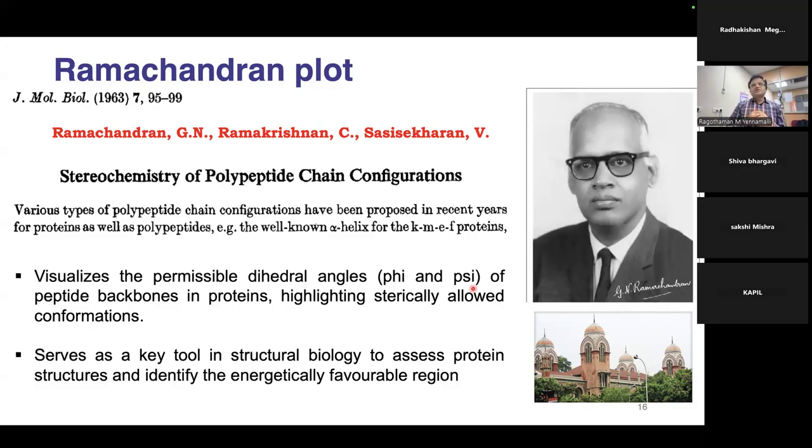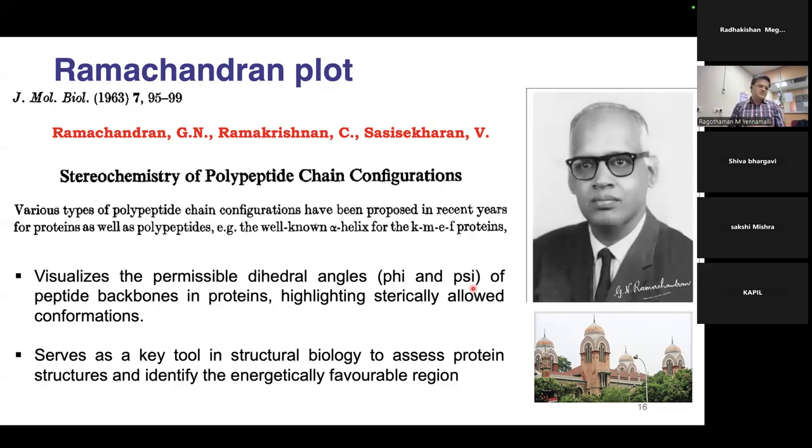So taken individually, each amino acid has a lot more flexibility, but when there's a chain of amino acids, you have a much smaller range of movement.